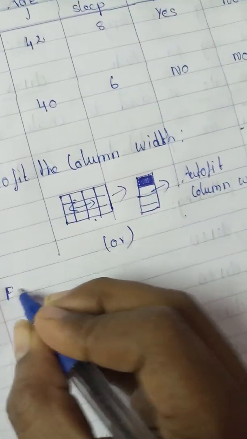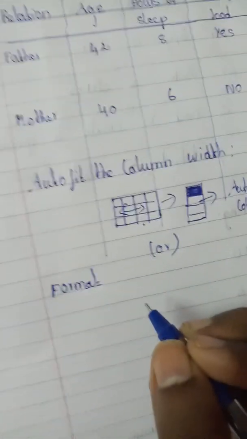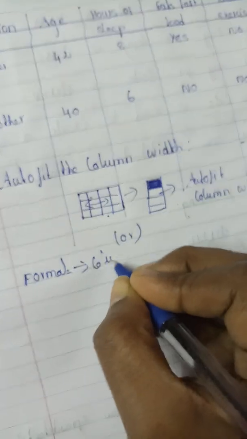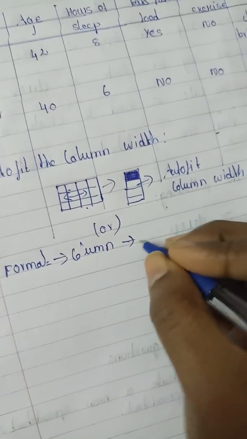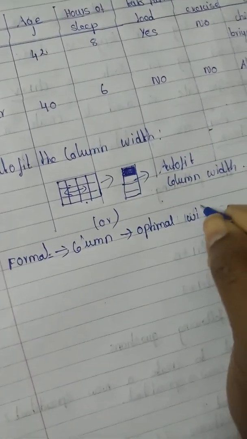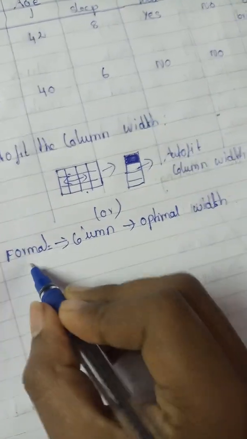Okay, and the other option is in the format menu. In the format menu, you have the option column.